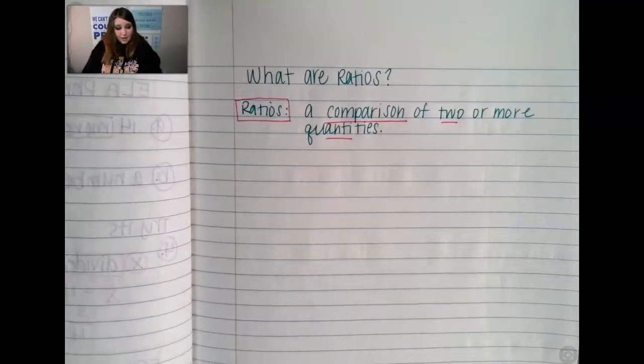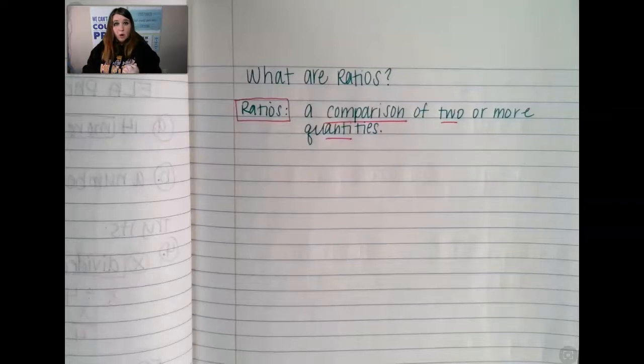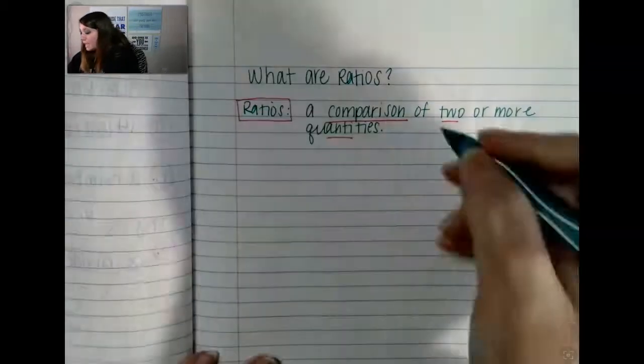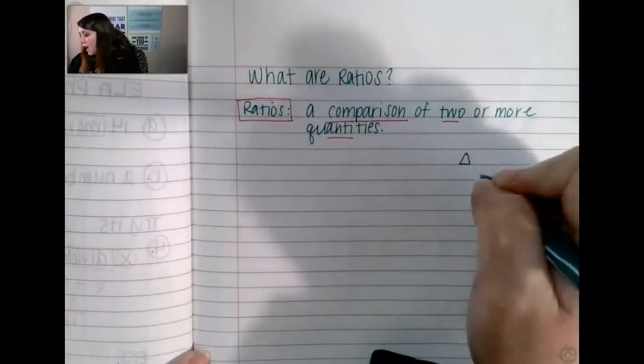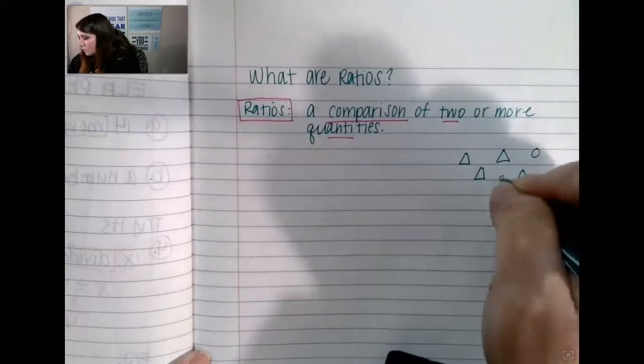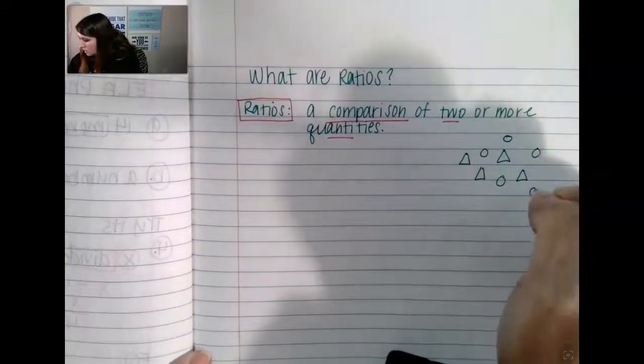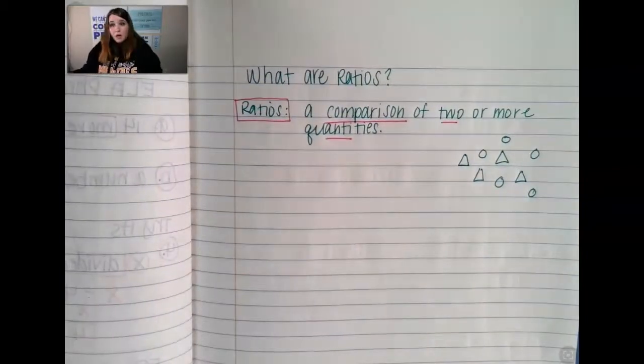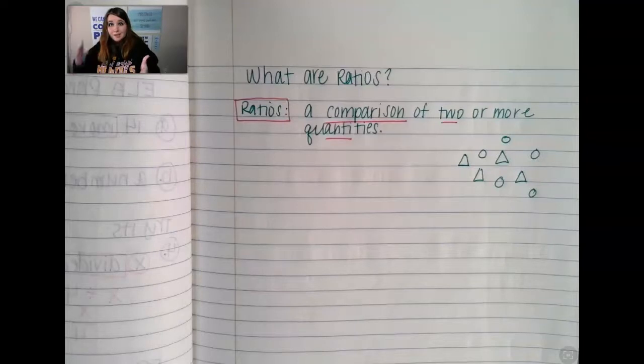Now, we can write ratios as a part to part, comparing a part of one thing to a part of another. You could compare them as a part to a whole or a whole to a part. So, let's say, for example, I have some triangles and I have some circles. My parts of this are triangles and circles.